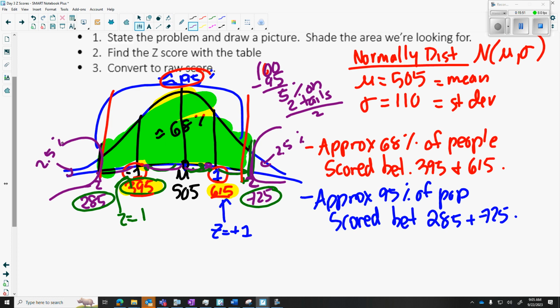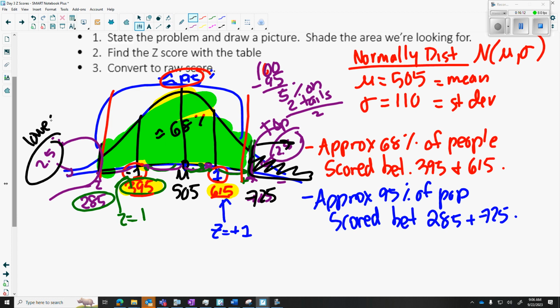So if somebody asks me what someone would have to score to be in the top 2.5% of the population, I would tell them they would have to score a 725 or more, because that's going to land them in that upper tail. And if I were to ask what someone has to score to be in the lowest 2.5% of the population, then they would score 285 or less. Okay, we're going to use this now and apply it to z-scores in class.